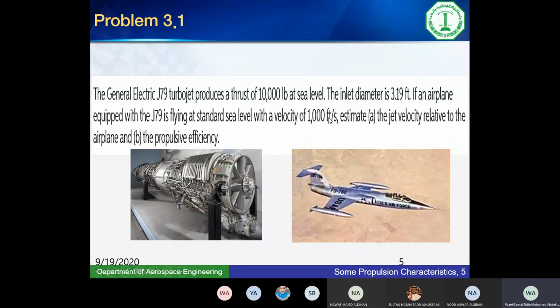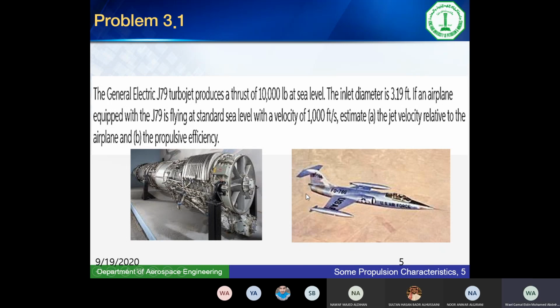And we are required to find two things. One, the jet velocity. So the jet that's exiting from the engine, what's the velocity in here? We need it relative to the airplane. Remember, the airplane is moving forward with a speed of 1,000 foot per second. That means air is entering the engine at 1,000 foot per second, but it's exiting at a higher speed. The question is, what's that higher speed?